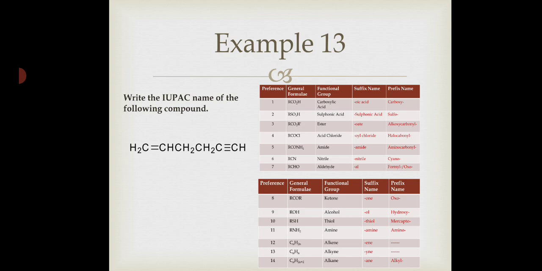And note that both ene and yne have no prefix name. They have only suffix names, and so the name will always come after the parent name. And so the name of the compound is hex-1-en-5-yne.